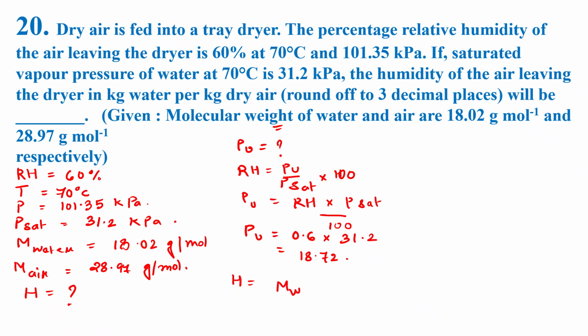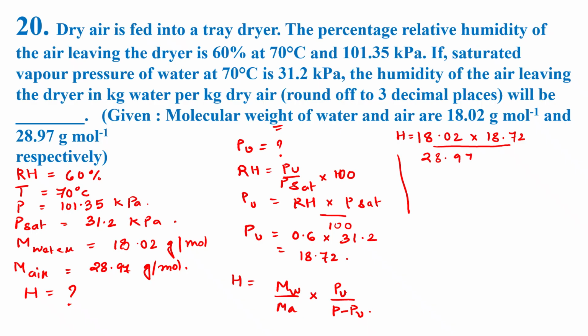Now H is equal to molecular weight of water by molecular weight of air into PV by P minus PV. We'll just put the values. H equals 18.02 into 18.72 divided by 28.97 into 101.32 minus 18.72.